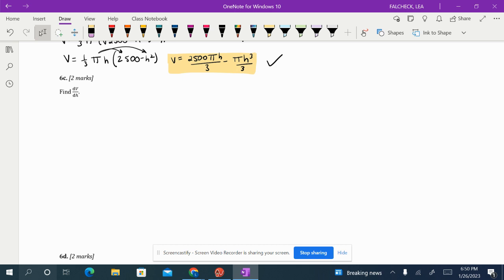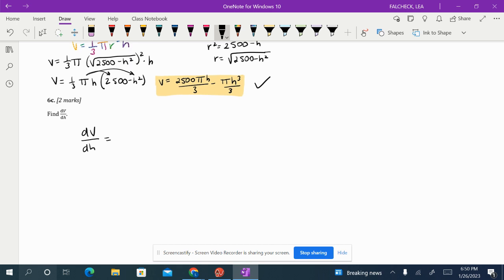Now 6c says to find dV/dh. So that's the derivative of the volume with respect to the height. We have dV/dh is equal to, and we're just going to go ahead and take the derivative of this guy right here. In order to do that, remember that 2500 pi divided by 3 is just a constant.